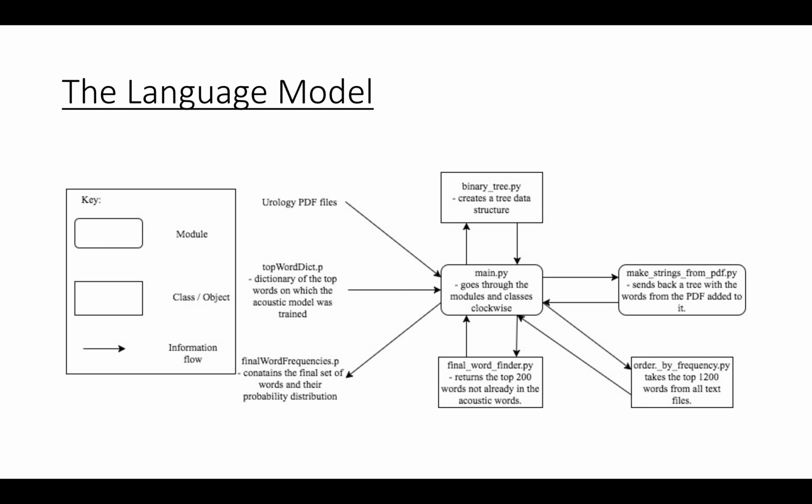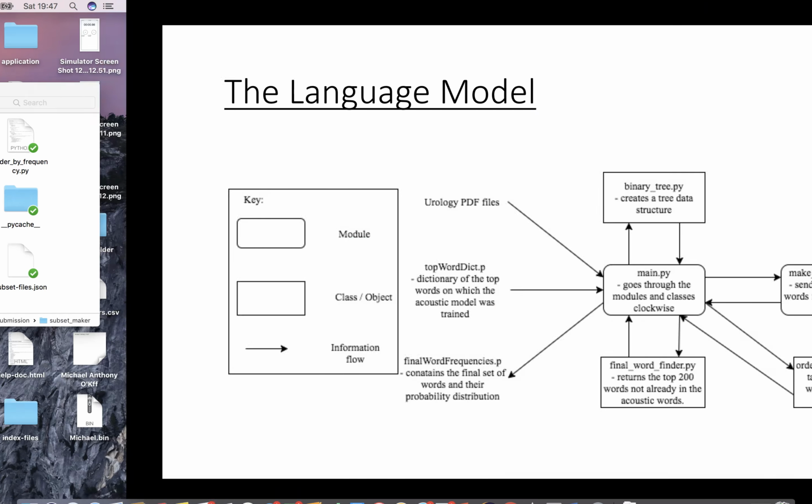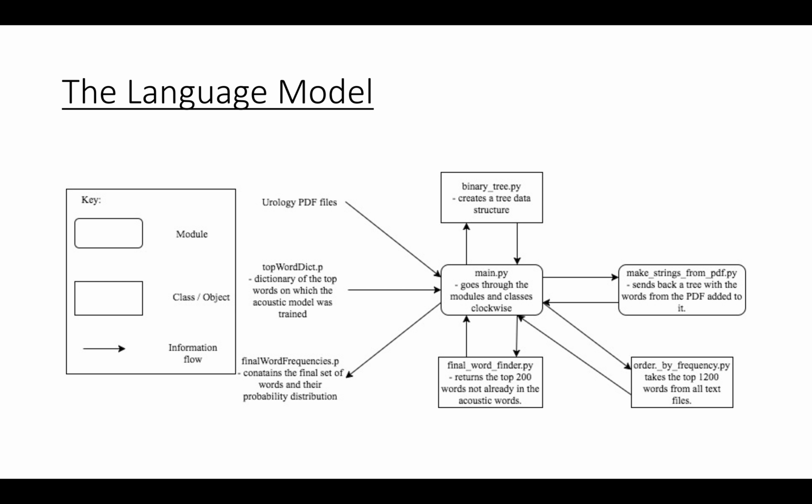This diagram shows how the language model was trained on a set of 5 texts. Five example PDFs are stored in the test directory of the language model package.